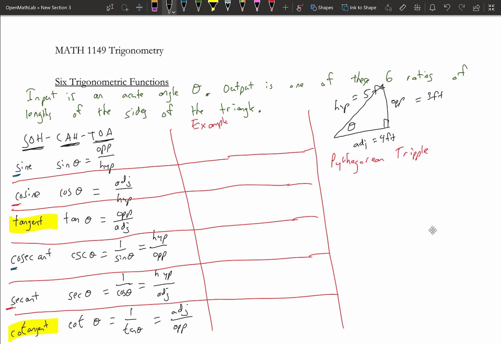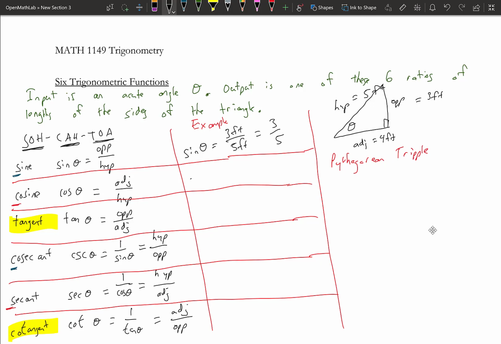If I fill in sine, sine of theta would be the opposite, which is 3, over the hypotenuse 5. So we'd have 3 feet over 5 feet. When you take 3 feet divided by 5 feet, the units cancel, so it's unitless. We get just 3/5. The 6 trigonometric functions are going to be unitless, just like we saw with radians.